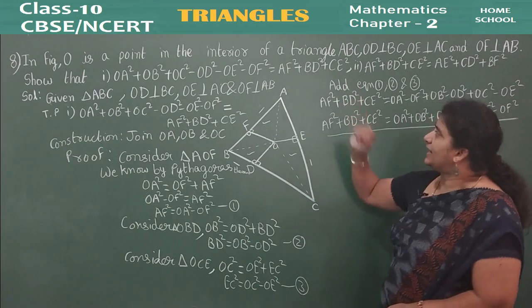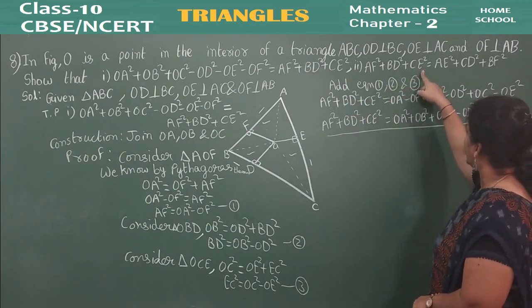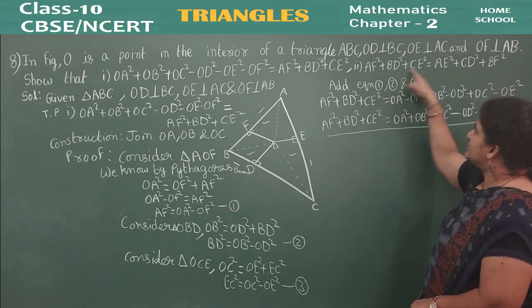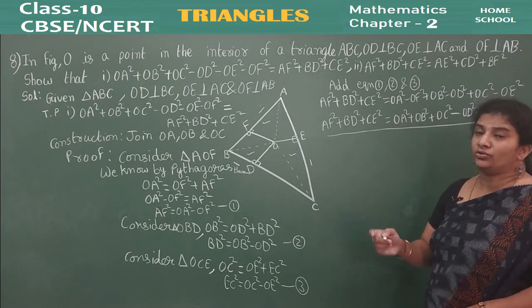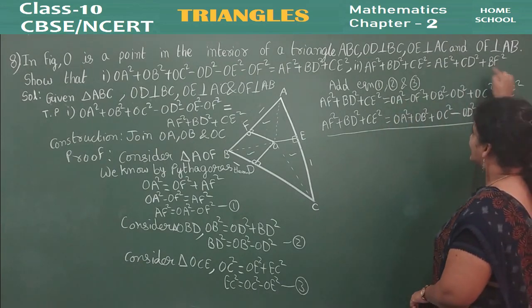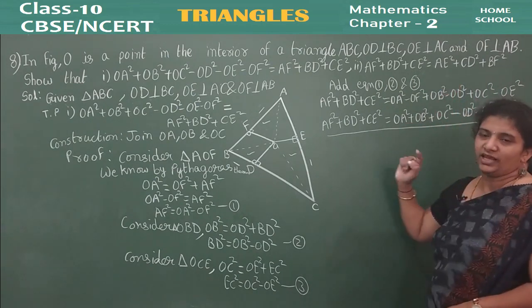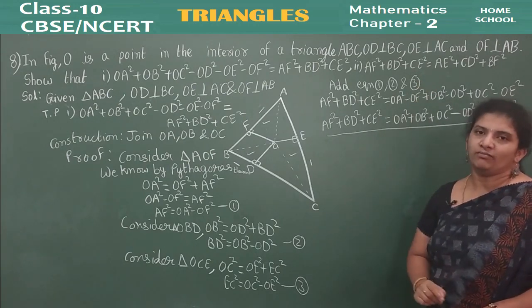What about your second sub question? AF square plus BD square plus CE square is equal to this one, you need to prove. So what we need to do, you should find these three, then you are going to get the same type of equation. If you compare these two, then you can prove they are equal.